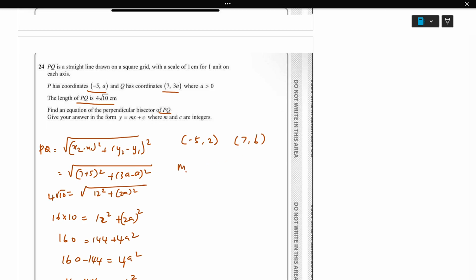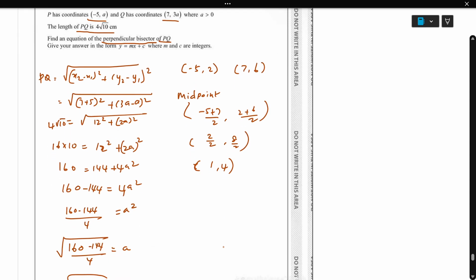So now we are finding the midpoint, because the new one is going to be the perpendicular bisector. So I'm going to find midpoint, so x1 plus x2 by 2. So minus 5 plus 7 by 2 and 2 plus 6 by 2, which is going to be 2 by 2 and 8 by 2. So the coordinate is 1 comma 4 is the midpoint. Next I'm going to find the gradient.